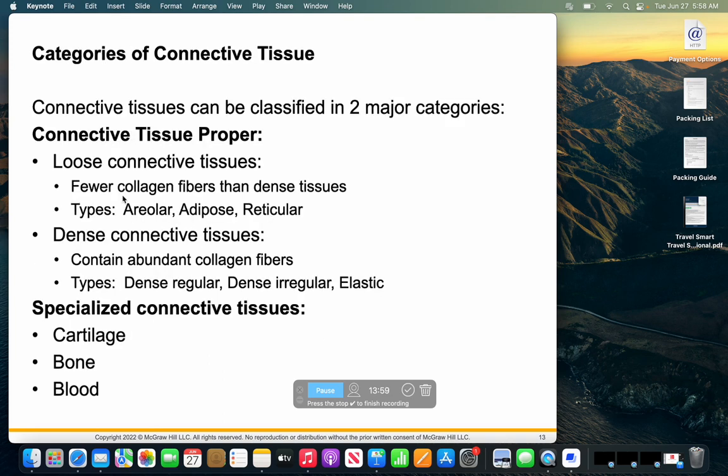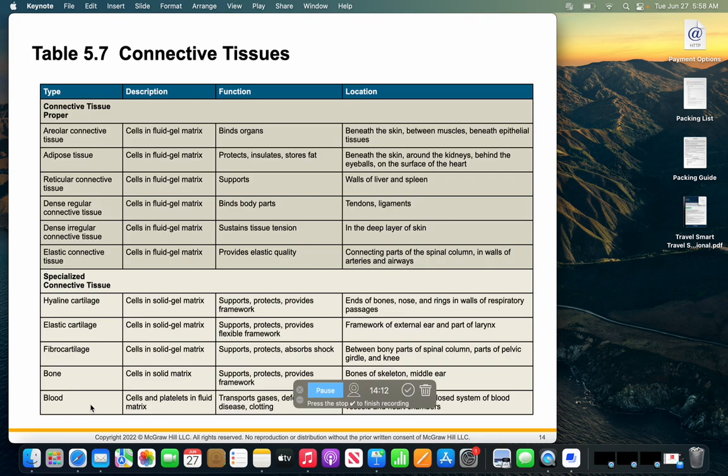And so we talked about areolar tissue, adipose, and reticular tissue, dense regular, dense irregular, and elastic tissue. Those are your tissue propers. And then these specialized tissues: cartilage, bone, and blood. And so here are those, what they do, and where you'll find them.